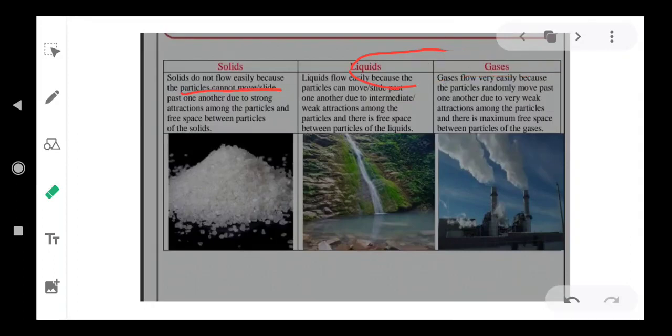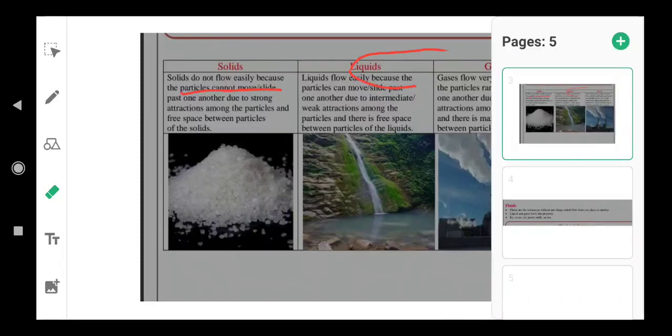Gases flow very easily because the particles randomly move past one another due to very weak attraction, and there is maximum free space between the particles of gases. That's why gases flow very fast. Liquids flow less fast than gases, and solids do not flow.